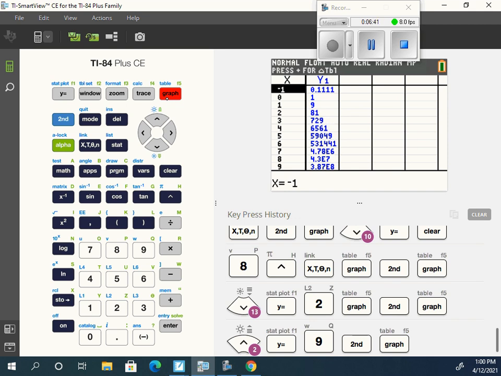If your graph for some reason is not graphing well, press zoom 6. That zooms standard, ZStandard. It's resetting the axes so that x is negative 10 to 10 and y is negative 10 to 10. So it's a good way to fix the graph and go back.